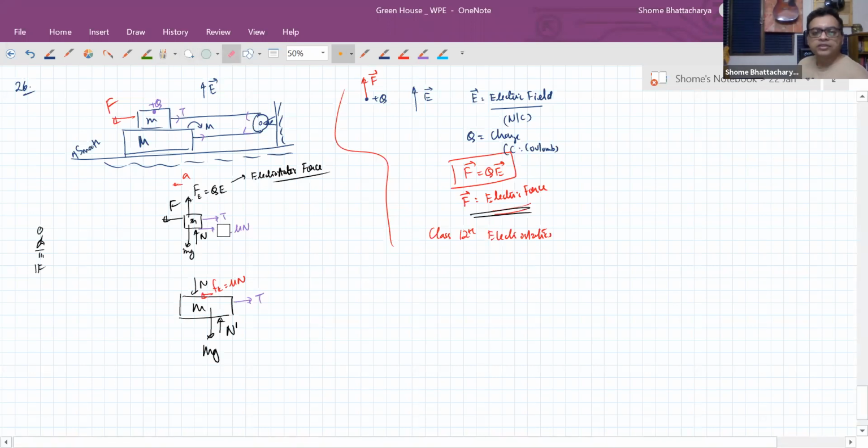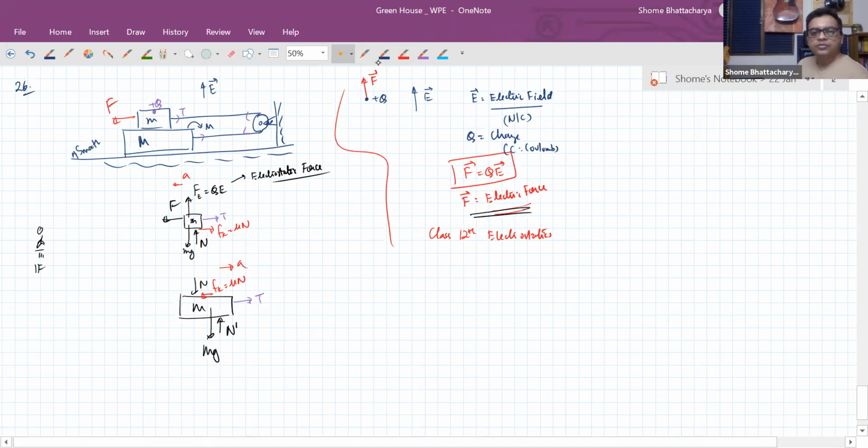So this pair of frictions is there. Okay. And under the action of these forces, they should have the same magnitude of acceleration but in the opposite direction.